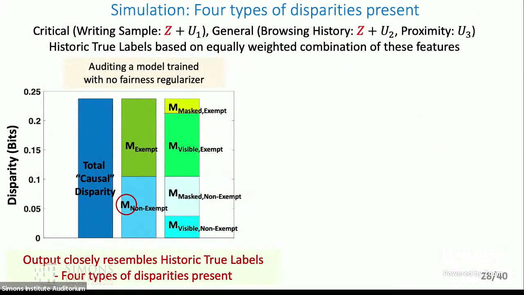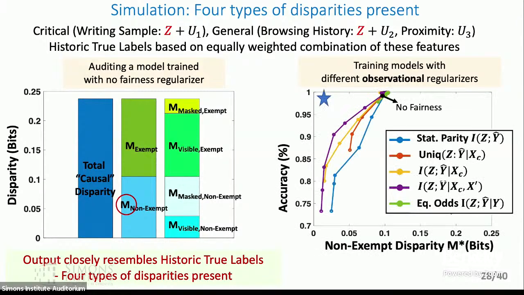We use simulated data first, because for simulated data, we actually know the ground truth and we can compute our measure. So we are able to compute total causal disparity as well as these exempt and non-exempt disparities. And when we use them as a regularizer with the loss function, these are the kinds of plots we get. We find that accuracy decreases, and these regularizers also tend to decrease the original non-exempt disparity.